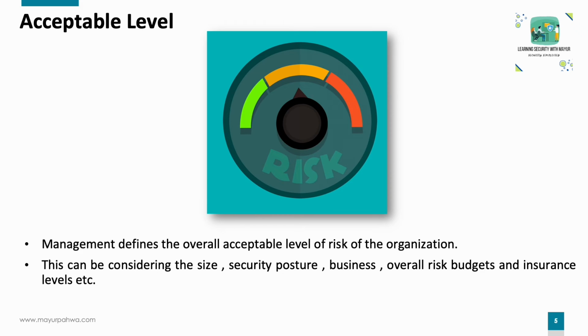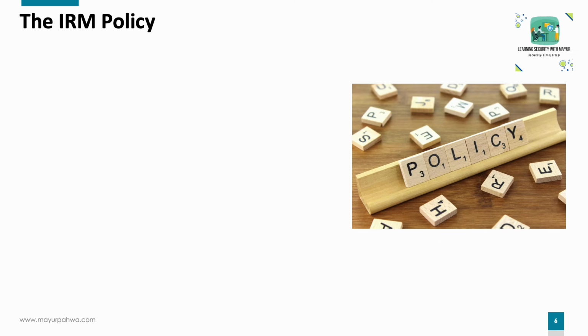This gives rise to another question in mind. See, a big organization can have multiple business units or projects running at the same time. If multiple task forces are created or different projects try to identify risk, against what parameters should they do so? What is the acceptable level of risk they have to follow? The IRM policy comes to the rescue of the task force. See, every organization will have its own IRM policy, which will be the subset of the enterprise risk management policy.